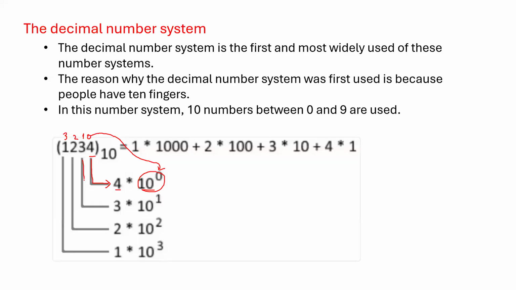Then for the next one, we write the value of the digit and multiply it, with the power coming from this order.